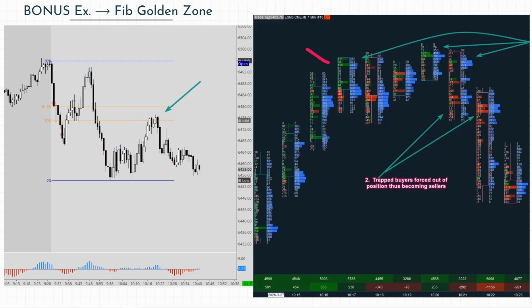You can see a bunch of buying coming in right here. That's great. I mean, buying is great, right? As long as there's continuation. But we get a bunch of buying right here at the level but no continuation. Actually, the next candle is a red one with selling at the lows. Then the next candle is a trap. Then we get some more buying at the highs and no follow through again, right?